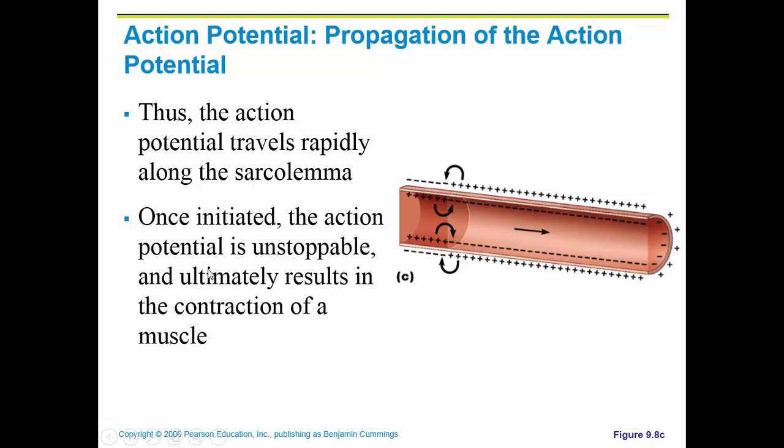Once it starts, it can't be stopped. It will finish the entire depolarization event. We call this an all or none response, meaning that if the action potential starts, it can't stop. If we don't get the action potential to start, nothing will happen. So that's called the all or none.